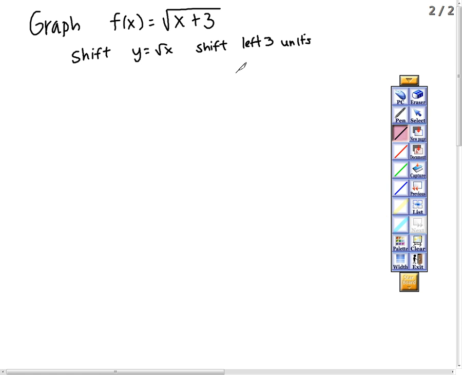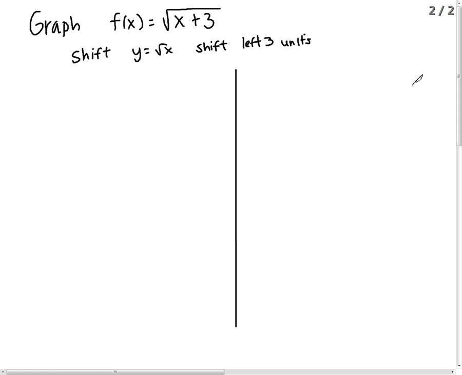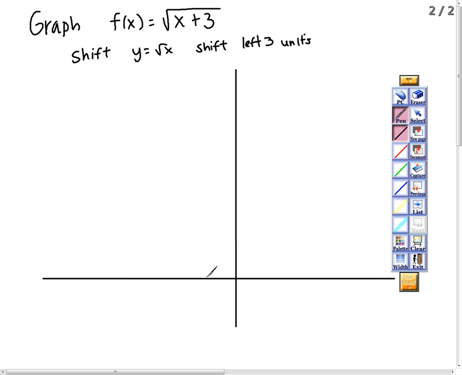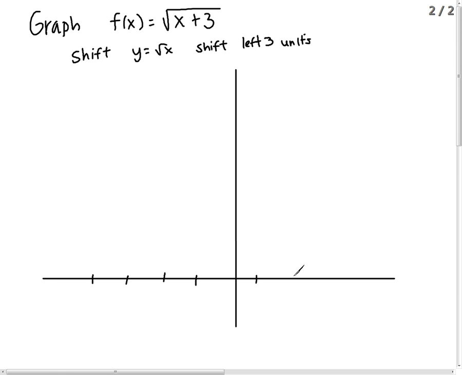Okay, so let's look at our graph. Okay, I'm off a little bit.